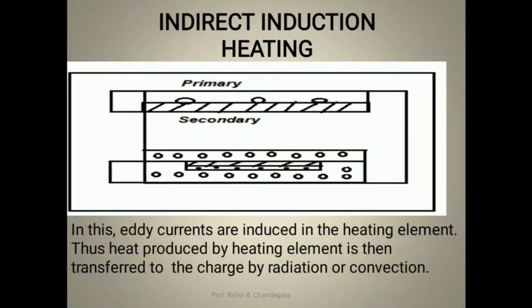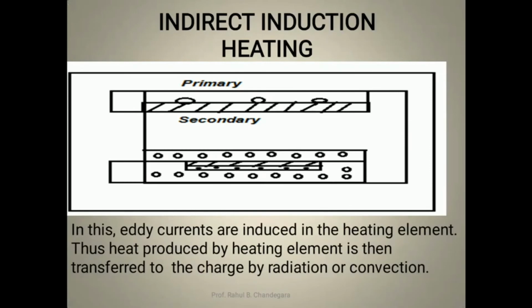In indirect induction heating, the primary and secondary are two coils wound around it. In this, eddy currents are induced in the heating elements. The heat produced by the heating element is then transferred to the charge by radiation or convection.